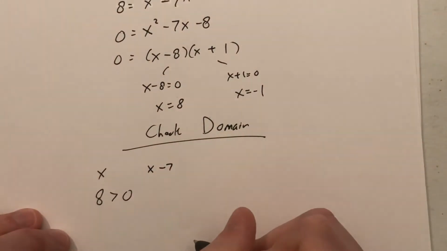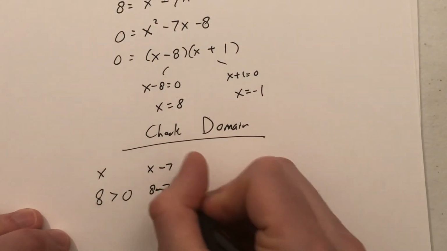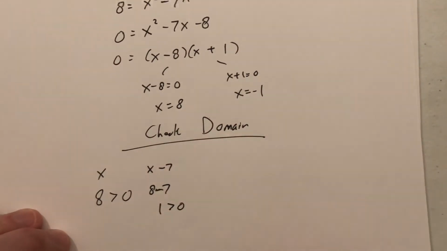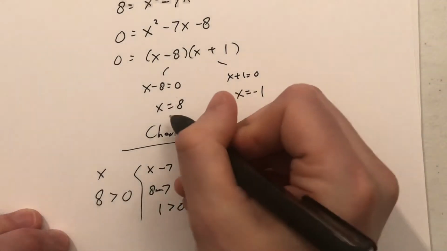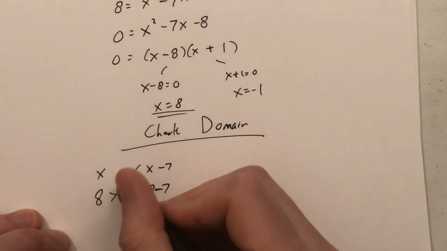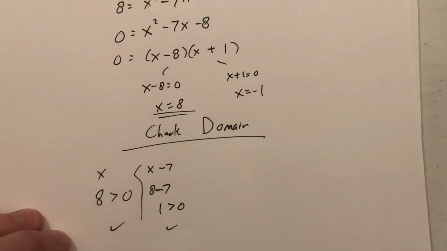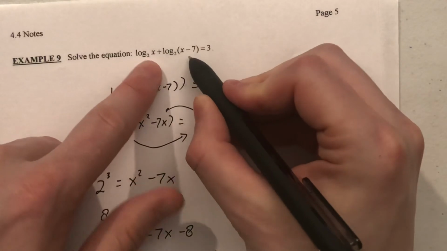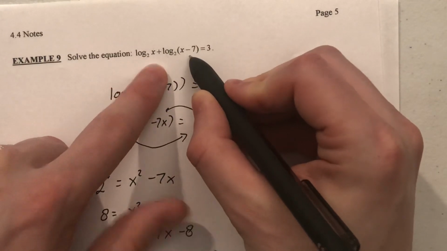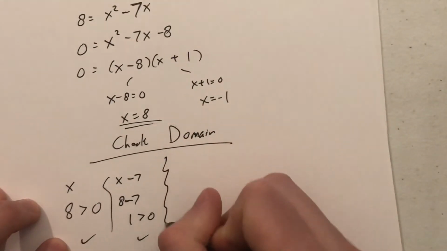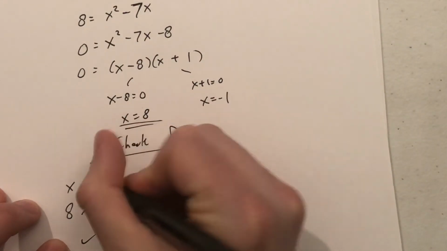And x minus 7 would be 8 minus 7, which would be 1. And that's positive. So, checking x equals 8, good and good, right? Again, taking this 8 value we got and making sure that it didn't cause a problem in either of those logarithms. All right? So that was checking x equals 8.